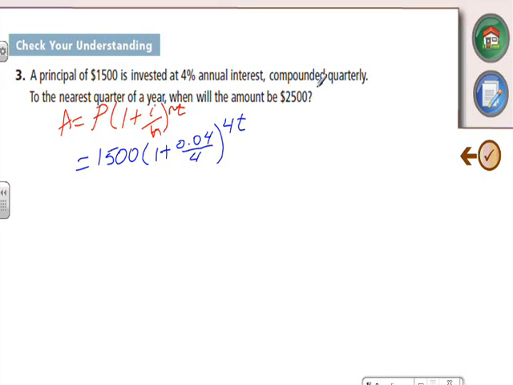We're looking for the amount of time, so we do know the ending amount, and that plops in at 2,500 on this side. And now to find that t value, we could either graph the left side and the right side and find the intersection point, or I prefer to take it all to one side and equate it to 0.